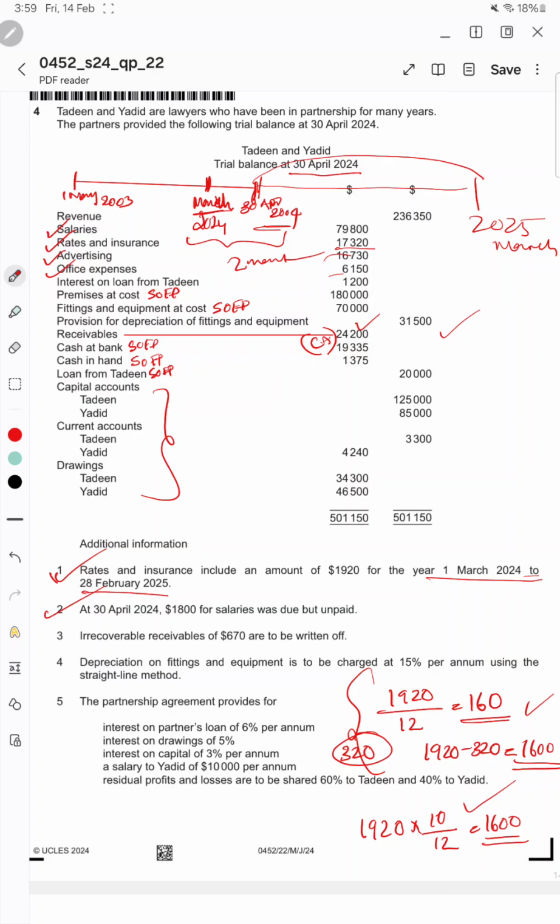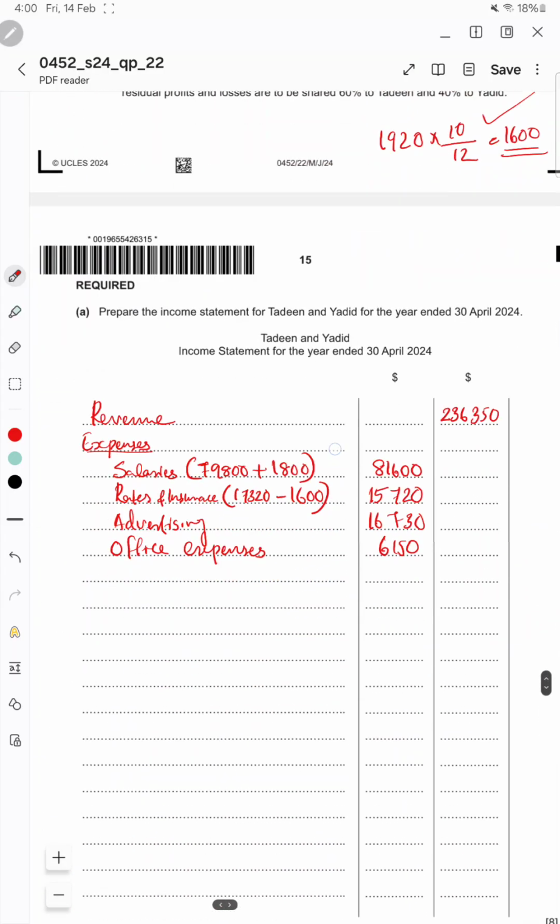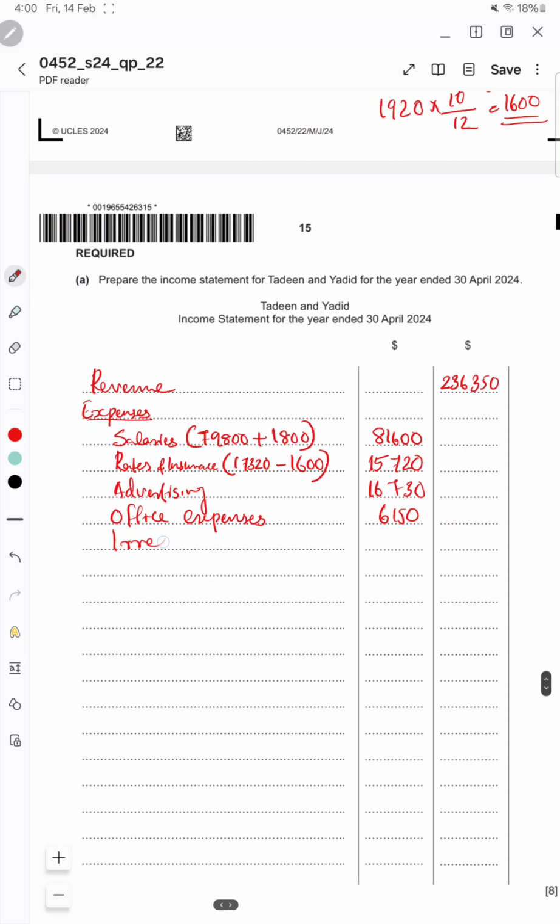So the next one is the adjustment, irrecoverable debt. Irrecoverable receivable 620 written off, that you can take directly. There is no other adjustment. So irrecoverable debt is an expense, 670, right? Yes.